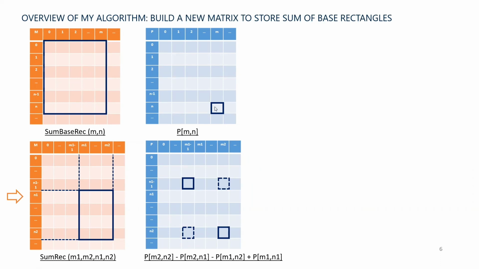So in P, this cell will store the sum of this one. If I want to calculate a rectangle like this, I just need to take this cell plus this cell minus this cell, and then minus this cell.